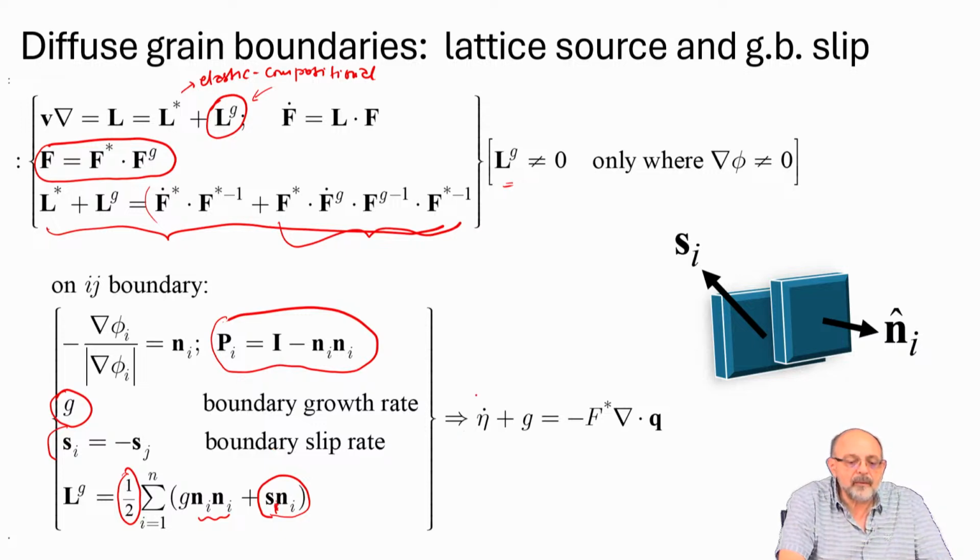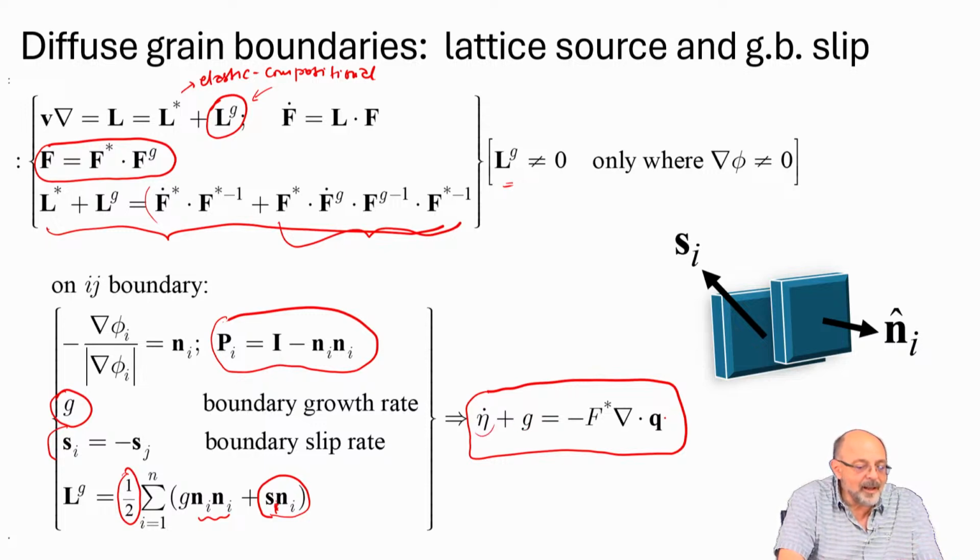One can derive a diffusion equation in this form. This is the diffusion flux in the reference configuration. That's why we have F star here. This is the boundary growth. This part is a sink, right? So the rate of change of eta increases proportional to the negative divergence of flux.